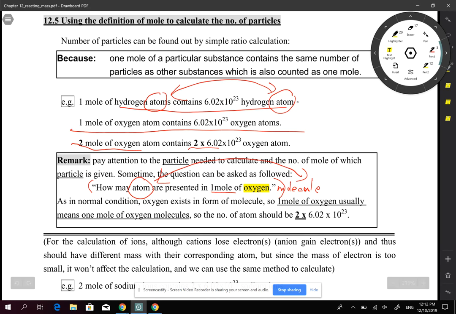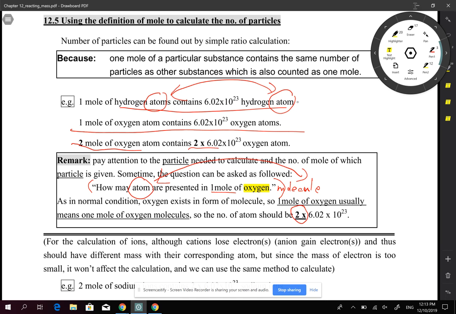When we have 1 molecule of oxygen, how many atoms do we have? 2. So when you convert the number of molecules back into atoms, you should multiply by 2. So if you answer these questions, you should multiply by 2. Okay, so be careful.